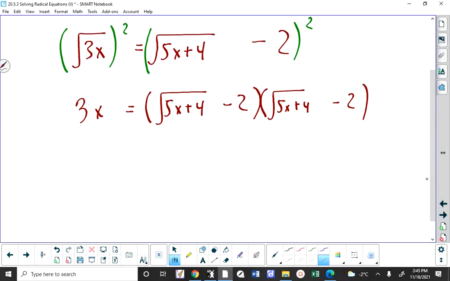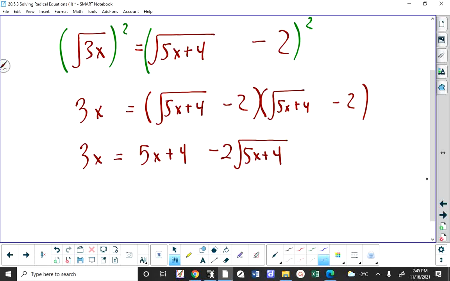What you're going to get is 3x equals the root 5x plus 4 times the root 5x plus 4 is 5x plus 4. My outer will be negative 2 root 5x plus 4. How many of you would have, and I'm just curious, how many of you would have just done your outer and inner at once and put minus 4 root 5x plus 4?